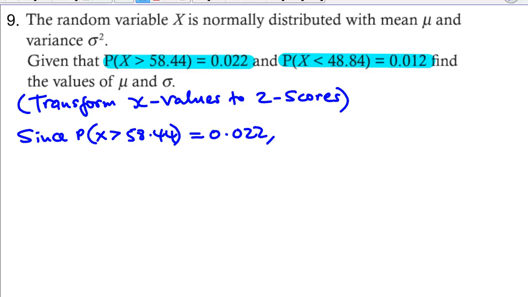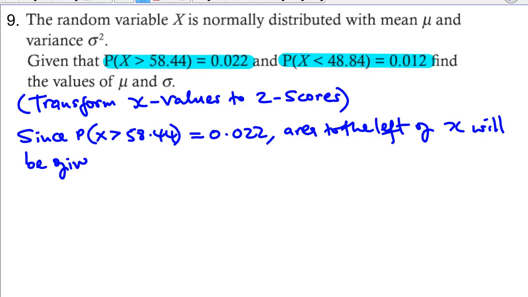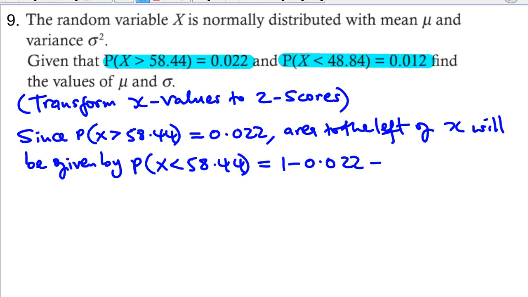That means that the area to the left of x will be given by 1 minus 0.022, which will be equal to 0.978.